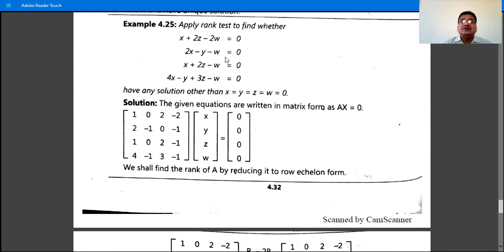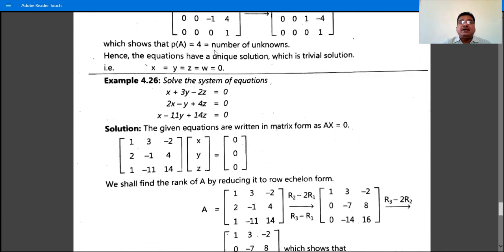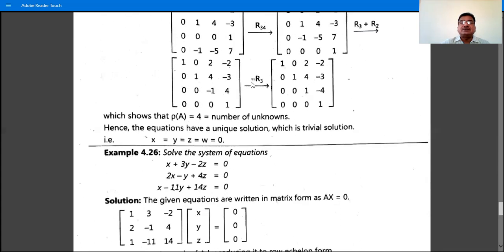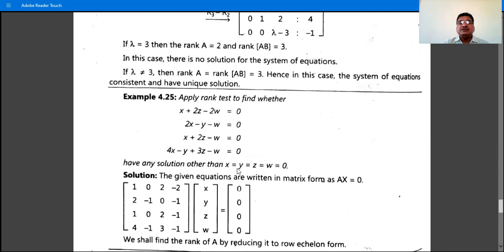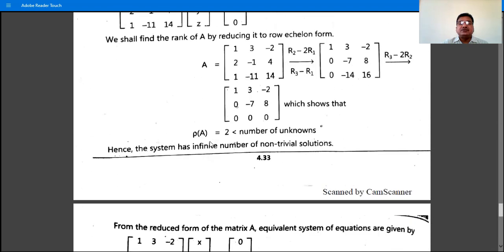This system has no other solution than this trivial solution, because rank of A is equal to rank of AB is equal to the number of unknowns, and therefore the system has only one, unique solution. And if this is a homogeneous system with a unique solution, it means it is a trivial solution. All the values of all the variables are equal to 0.